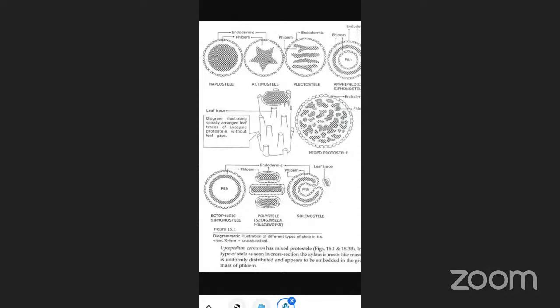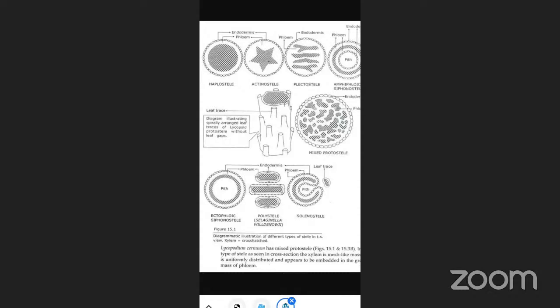The evolution of stele is studied from three aspects: the types of primary xylem, the composition of the xylem and phloem, and the structure of the stele.